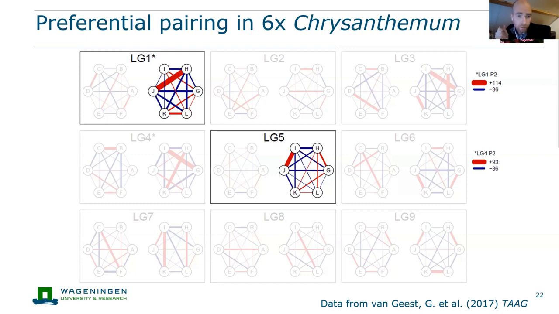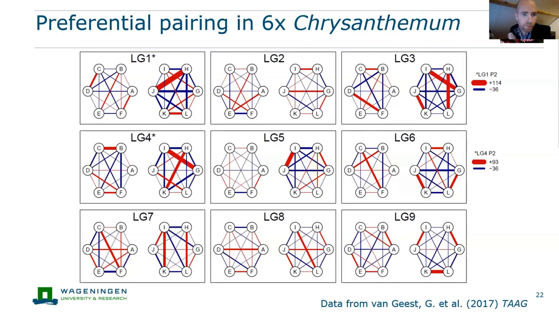What we found on linkage group 1 and 5 was that in some of these cases, and just in case you're wondering what these little hexagons are, these are the different parental homologs. Each of these boxes refers to a different linkage group.